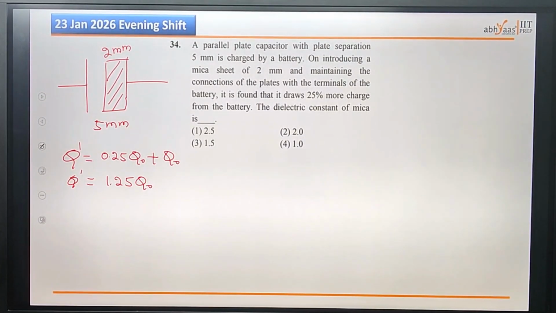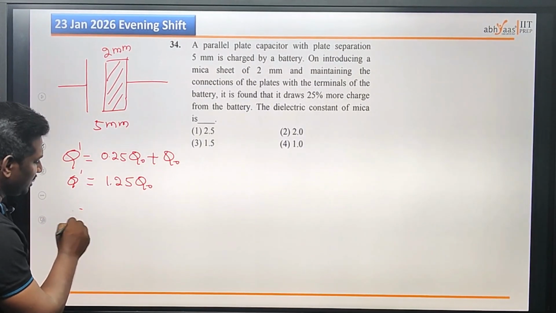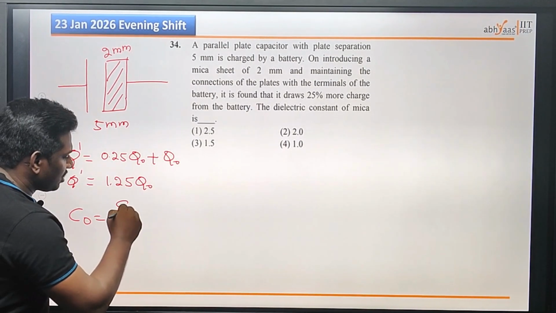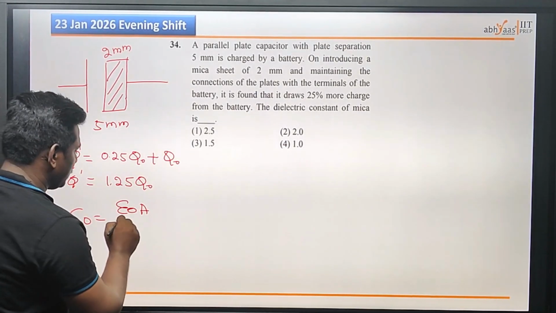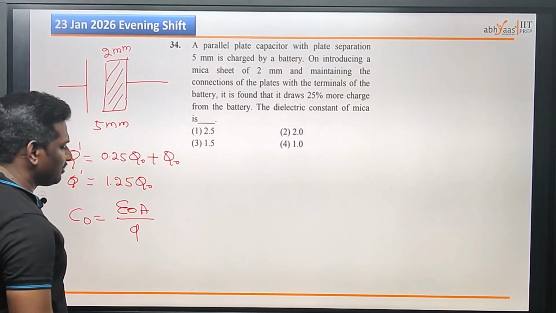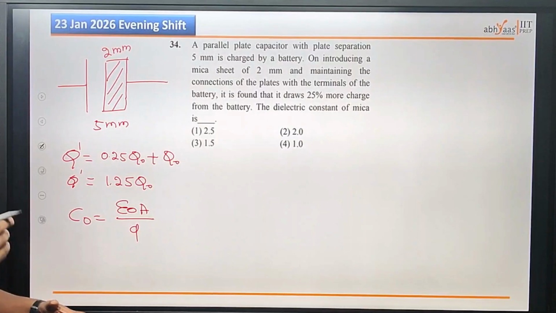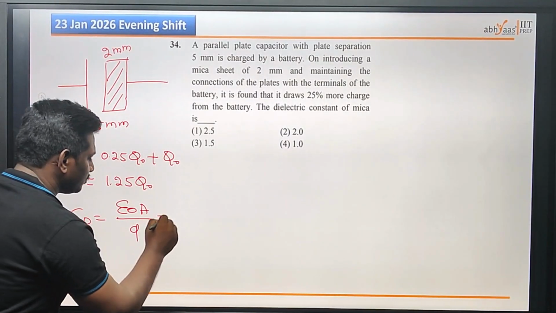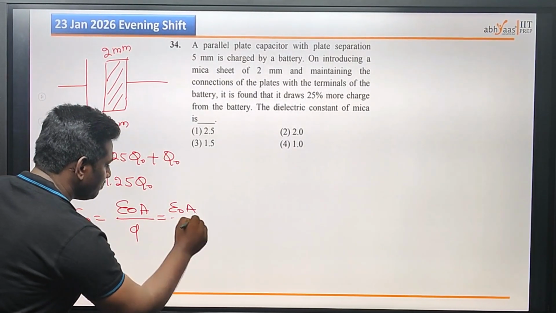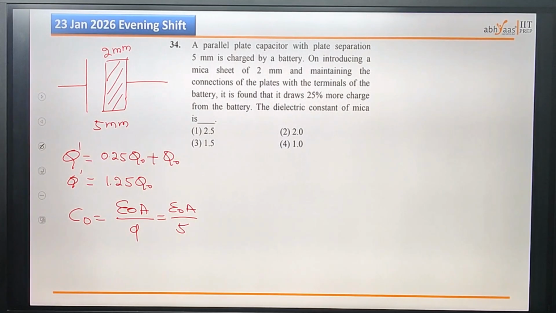Next, for the initial condition, C naught I am writing here, epsilon naught A by D. This is our initial condition without mica, so epsilon naught A by 5 millimeters.